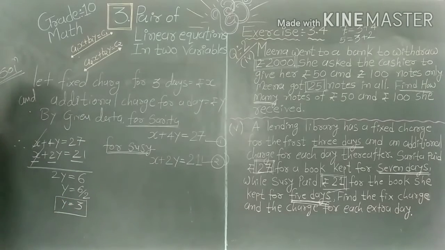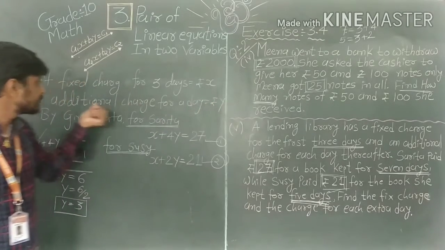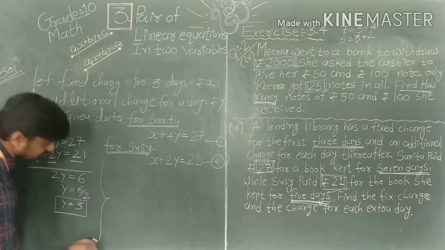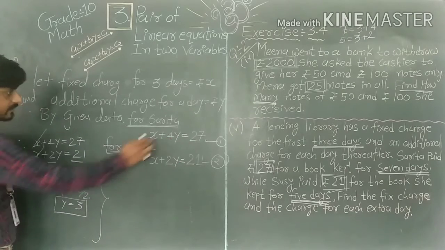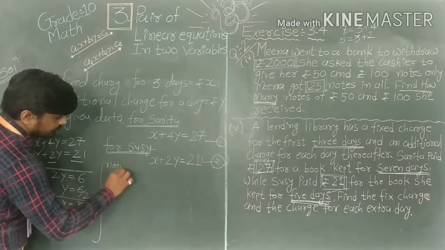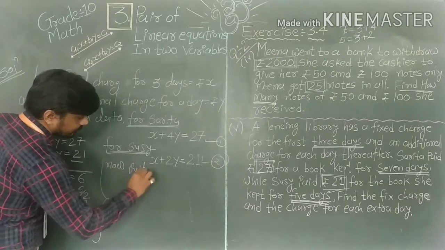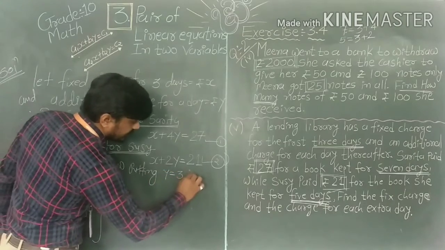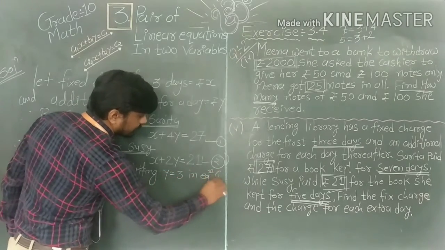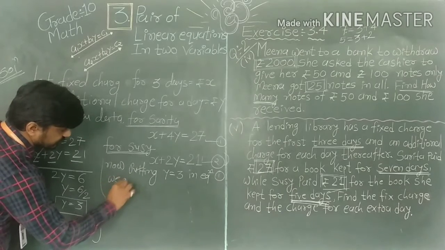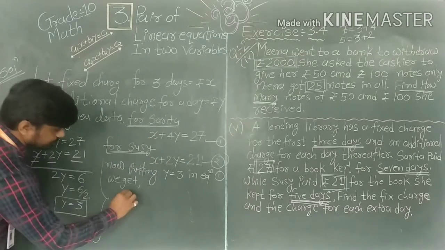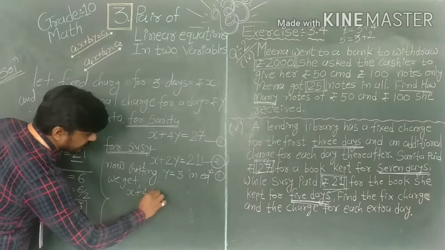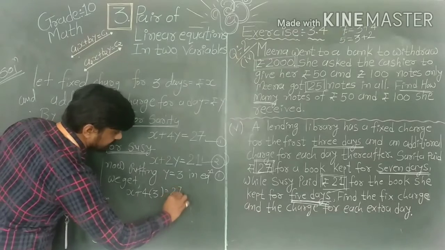Now put this value in any equation. I put this value in equation 1. Putting Y is equal to 3 in equation 1, we get X plus 4 times 3 is equal to 27.